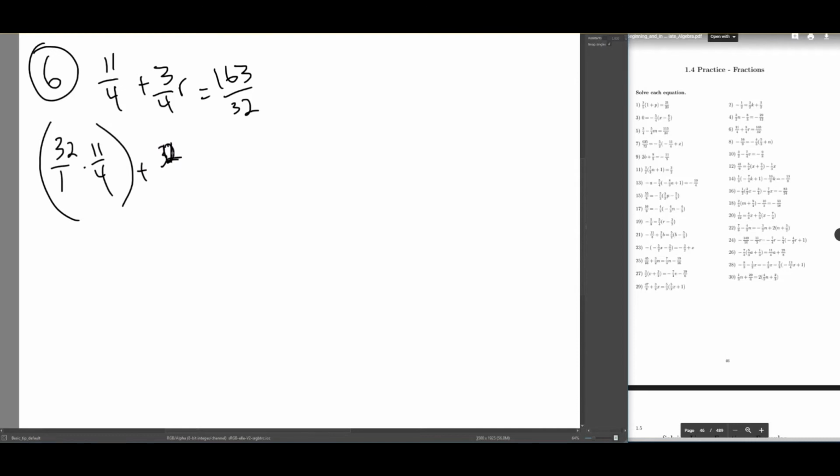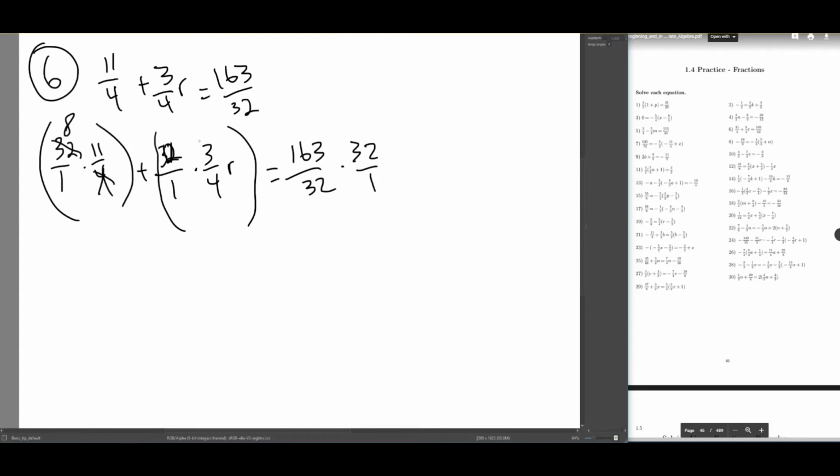So I'm going to put a 32 here over 1 multiplied by 11 over 4 plus 32 over 1 multiplied by 3 over 4r equals 163 over 32 times 32 over 1. I'm deliberately doing it this way so that you get it. I'm taking my time to really do each and every problem fully.